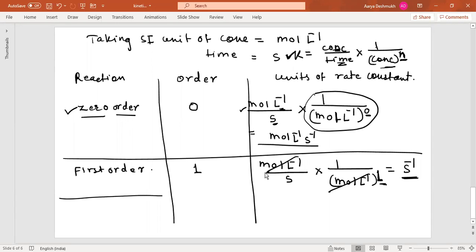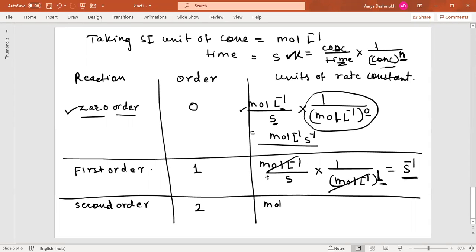Now if it is a second order reaction, it will be 2, and again substitute here moles per liter, that is the concentration, divided by time. Time we have taken in second, into 1 divided by mole per liter.